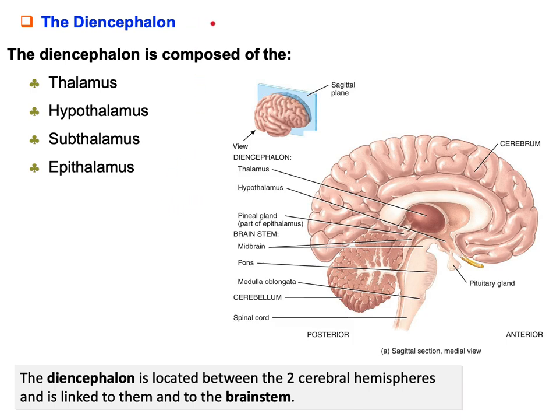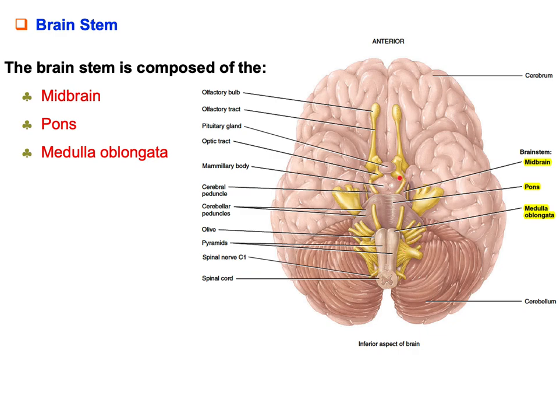Briefly again, there is a lecture about the diencephalon, but I think we talked about that previously in the previous slides. And the brainstem is composed of three parts: midbrain, pons, and medulla oblongata. Pons means a bridge, which is between the midbrain and medulla oblongata.